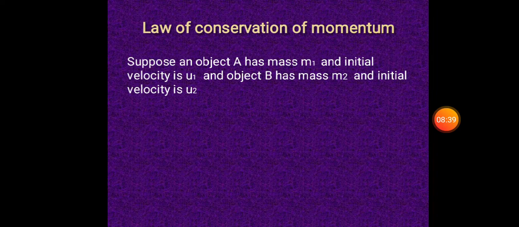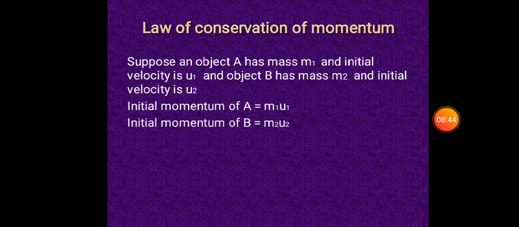According to the formula for momentum, the initial momentum of object A is m1 u1, while the initial momentum of B is m2 u2.